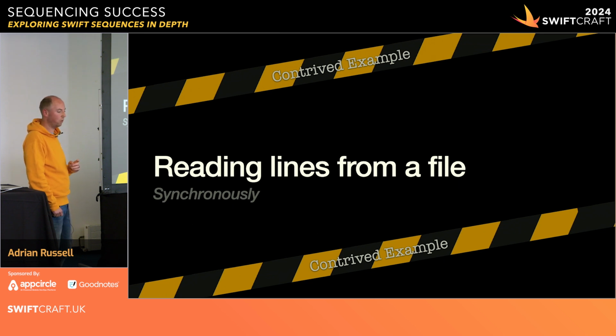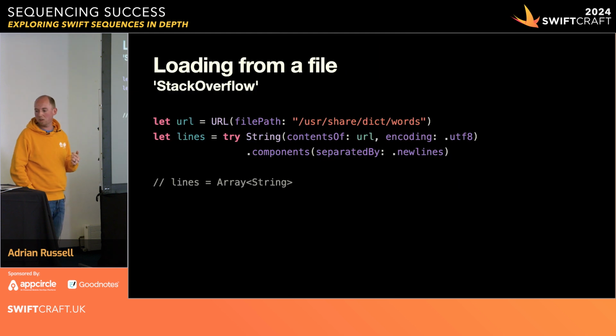Following on from Dan's talk this morning, where you're always learning things, there is an asynchronous implementation of this, and it ships as part of the standard library for URL, and you can asynchronously iterate through lines of a file for any URL. I didn't actually realize this existed until after I'd produced these slides. You're always learning. But we're going to have a look at the concept of doing it synchronously just as an example. It's contrived.